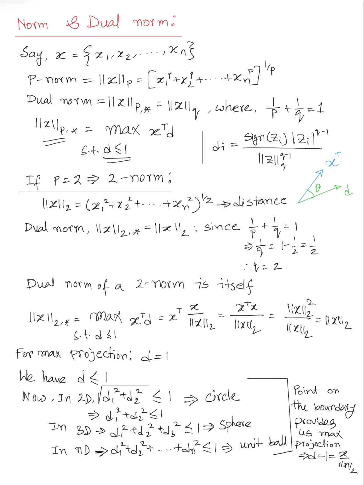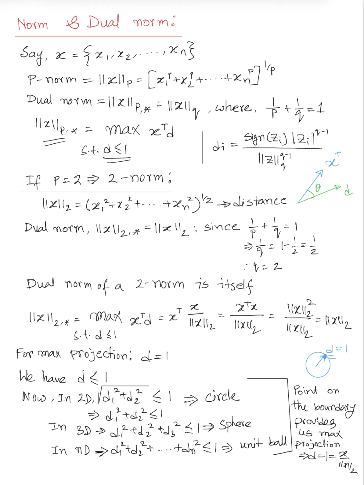So what does it mean? It means that we are creating something like a ball where it's uniform and symmetric. So we can select a point on top of this ball, say this one, where the norm of d is equal to 1, and this is going to be the maximum value of d.